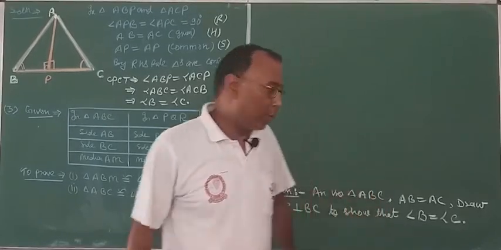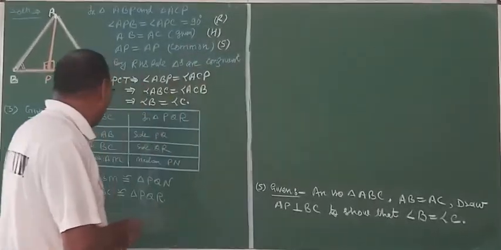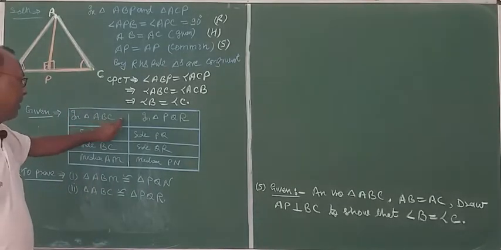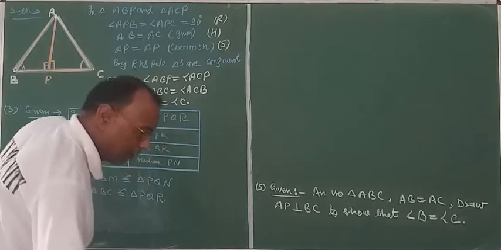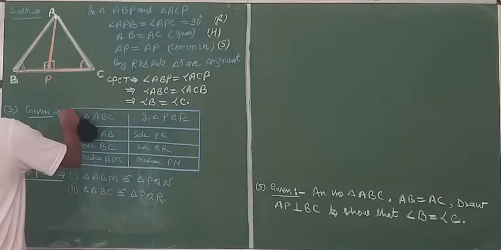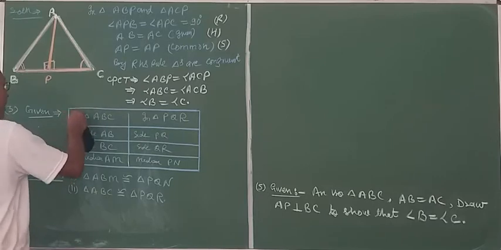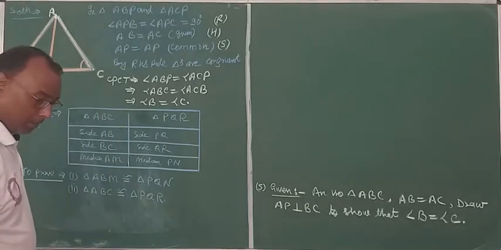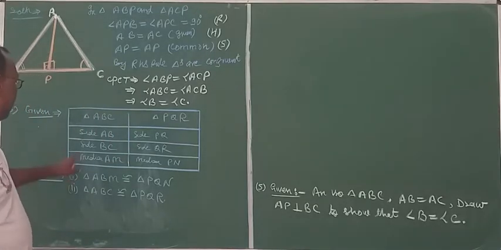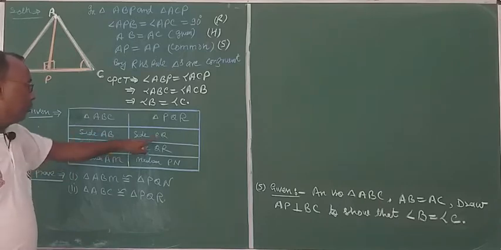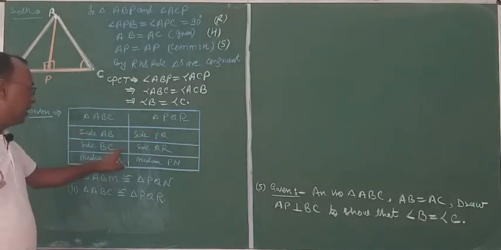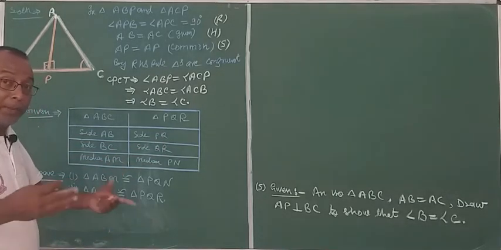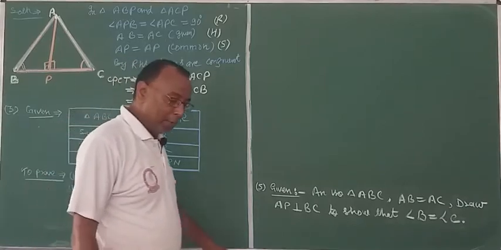Now just look at this question. You are given two triangles, triangle ABC and triangle PQR. Is it okay? And what are you given? Side AB is equal to PQ, side BC is equal to QR, and median AM is equal to median PN of the other triangle PQR.